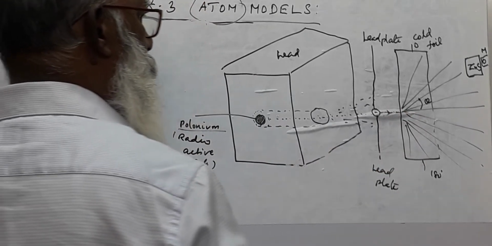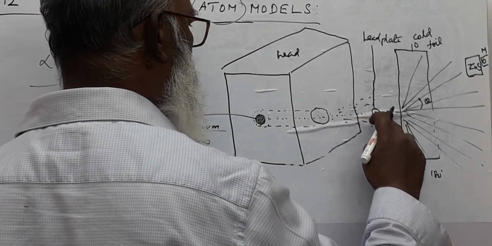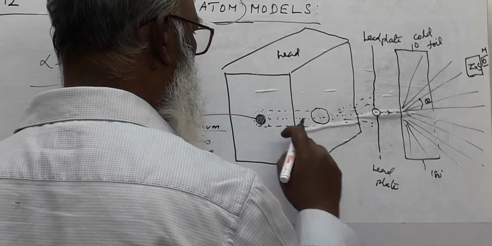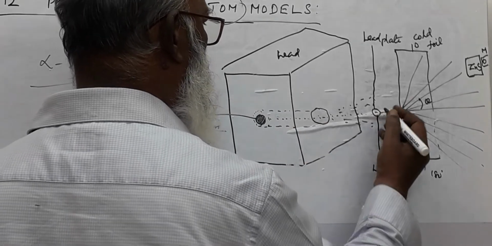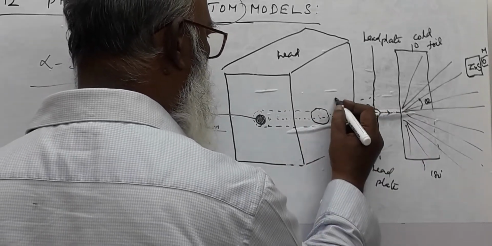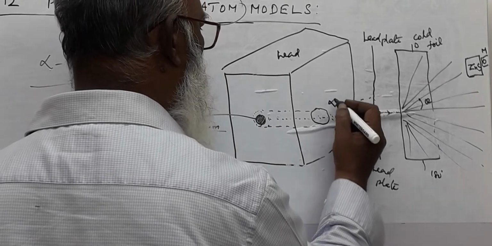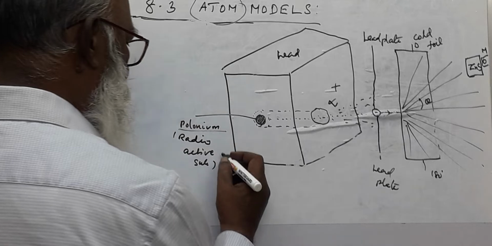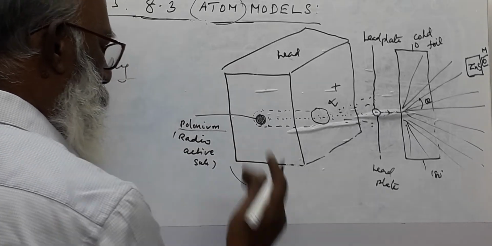Now we have to fix, in front of this cathode, a radiation ray. The radiation is nothing but alpha particle. Alpha particle means positive. When you think about radiation, there may be three kinds.